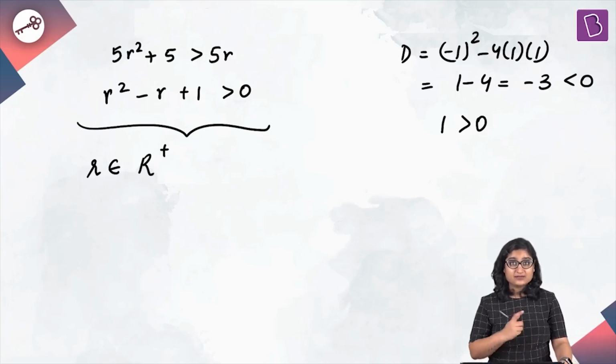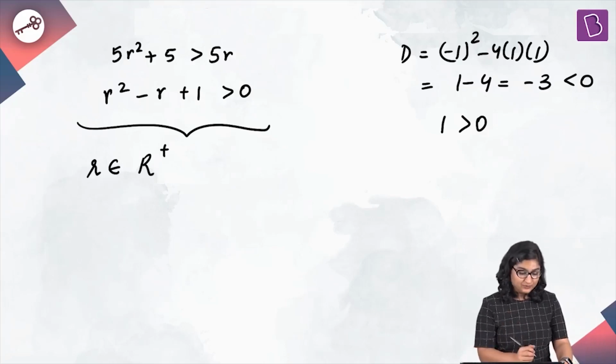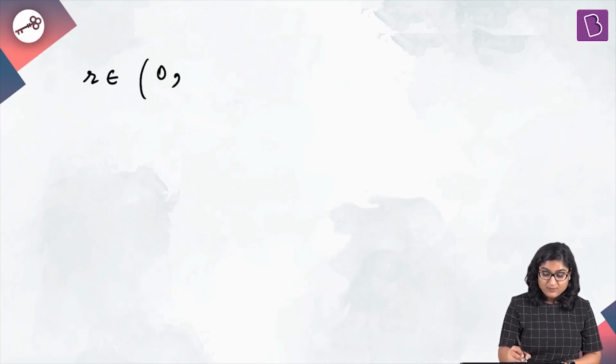Alright, so we had three inequalities. We got three intervals in r. The first interval is r belongs to (0, (1 + √5)/2).